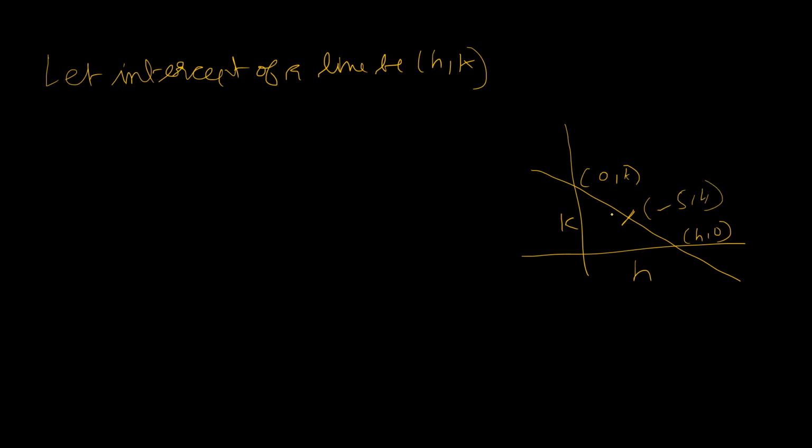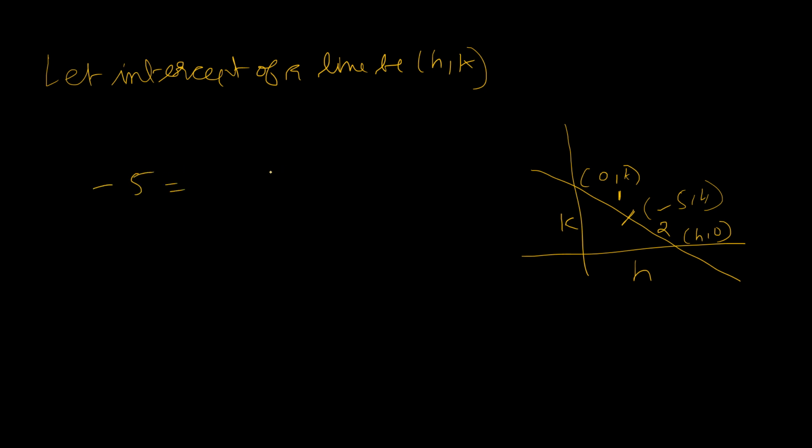The ratio is also given as 1:2, so we can follow the formula. We first take the x-intercept and with the help of that we'll find the value of k. First I want to find the values of h and k, that's why I took the intercepts of the line as h comma k. So minus 5 equals the x formula.